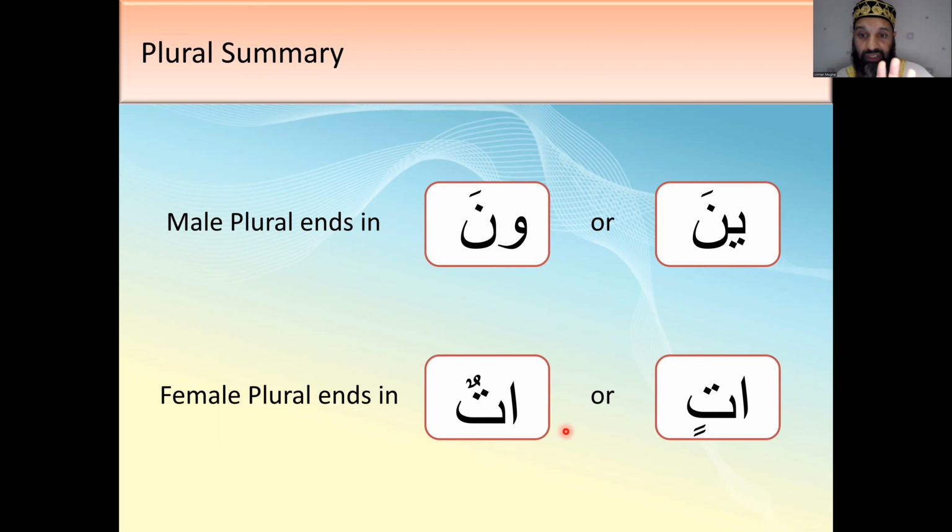So this is the summary. If you're going to say which one is the main one from these, I'd say the masculine. But the feminine are there too. Okay, so this is a good slide to remember. Una or ina is plural. Atun or atin ending is plural too.